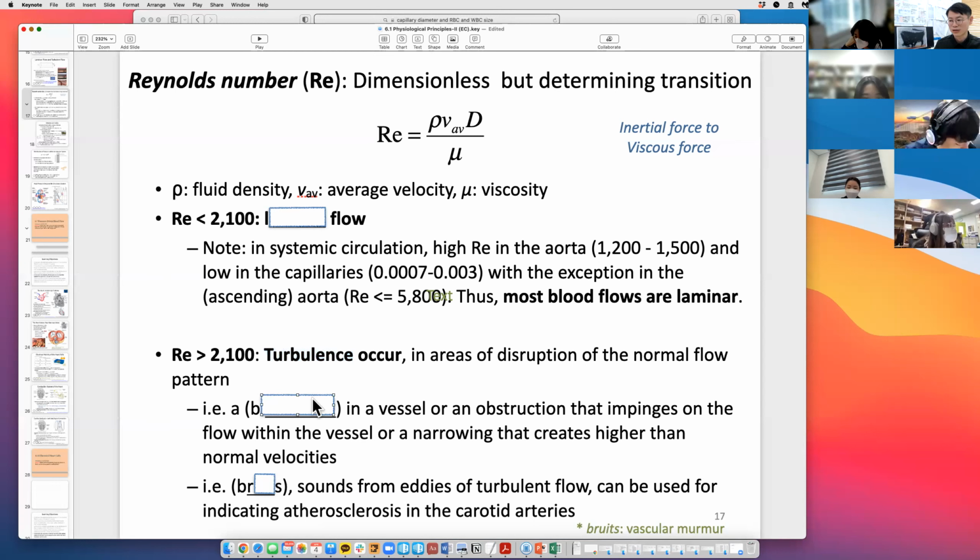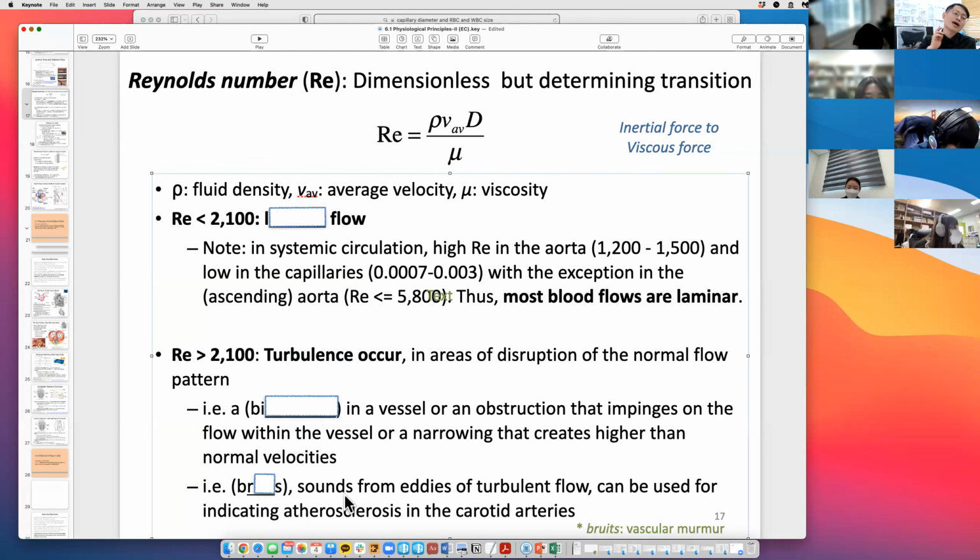Okay, so that's especially when it can happen: bifurcation. The flow goes and bifurcates, the radius becomes a half, the flow becomes higher, and that's where many times this turbulence happens. Another thing is indicating atherosclerosis. You remember there's a disease, atherosclerosis in the carotid artery, which can be devastating because it can cause a stroke at any time.